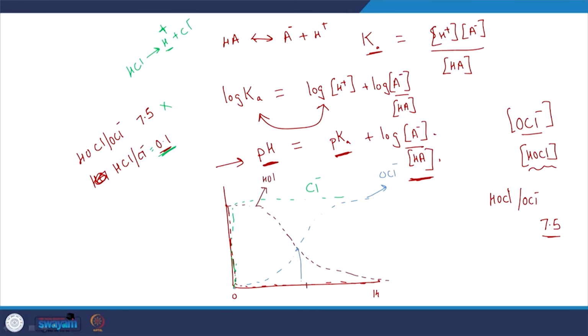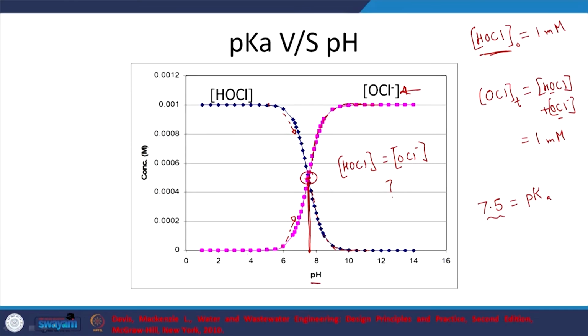So, this point is 7.5. As we see, let us say at pH of 3, all the HOCl is staying as HOCl. That is what we also see here. Let us say at pH 3, pH 4, maybe even pH 5, what is it staying as? HOCl is staying as HOCl, it is not giving out its H plus.